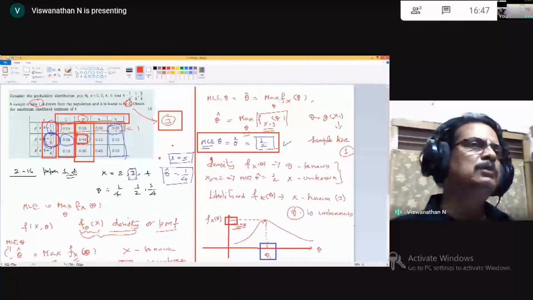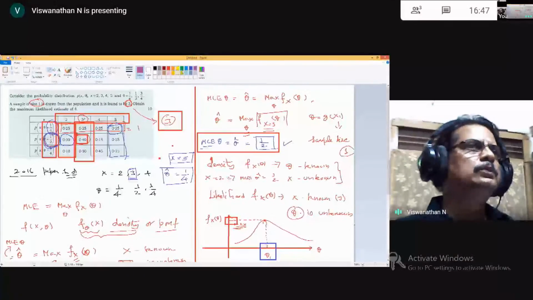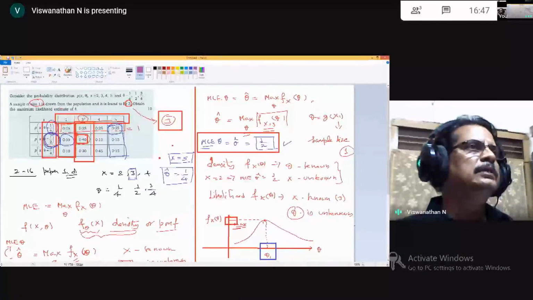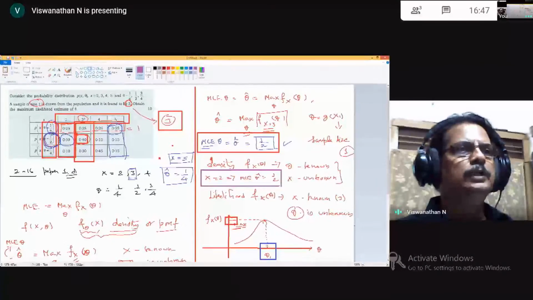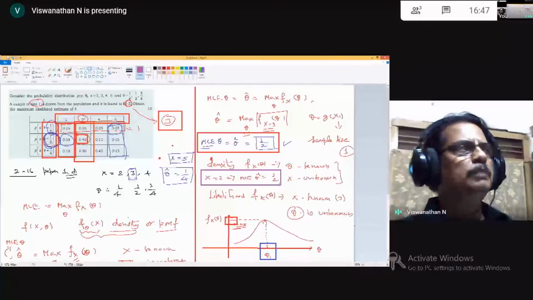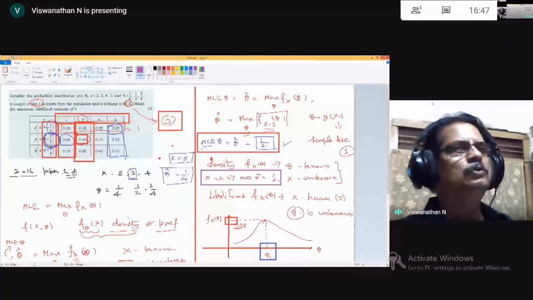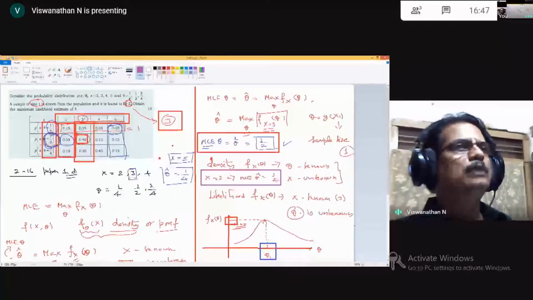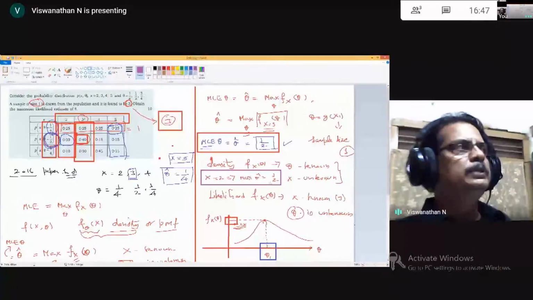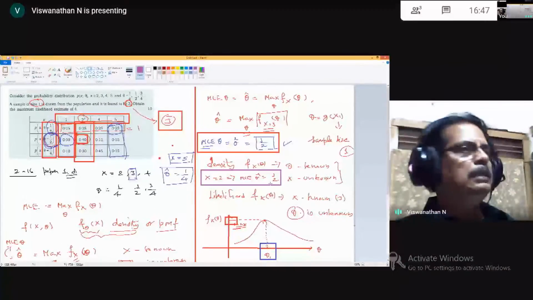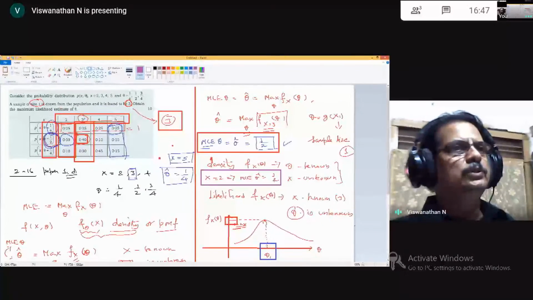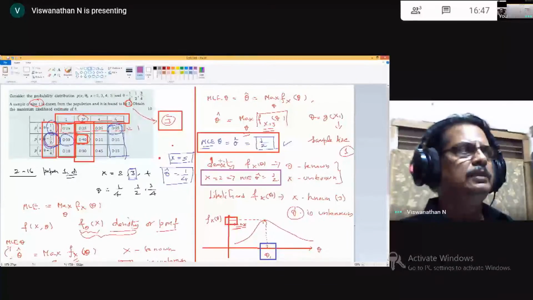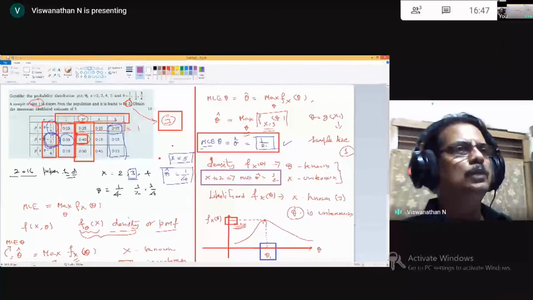For different values of x, there is a possibility that you get the same theta value. So it may be asked in a different way, for example, for what values of x does 1 by 2 serve as the MLE? Here, x is given and you are supposed to find the MLE.